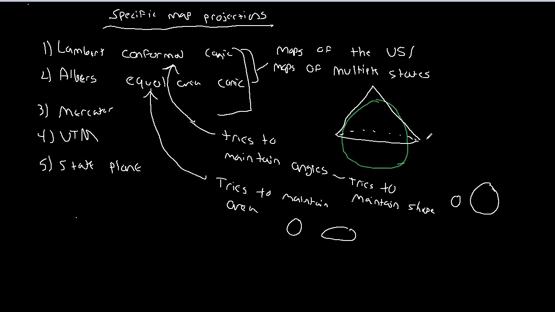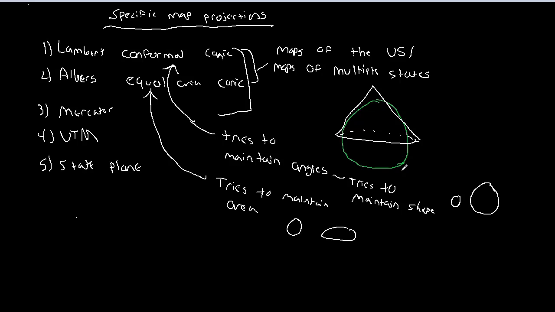Again, Lambert conformal conic and Albers equal area conic are by and large the two most commonly used map projections for North America if you're trying to map the entirety of the US or multiple states. It should also be noted that because of aspect and case, you will see Lambert conformal conic and Albers equal area conic for pretty much anywhere on the globe, because we can rotate it slightly, or flip it over so it's on the southern hemisphere.